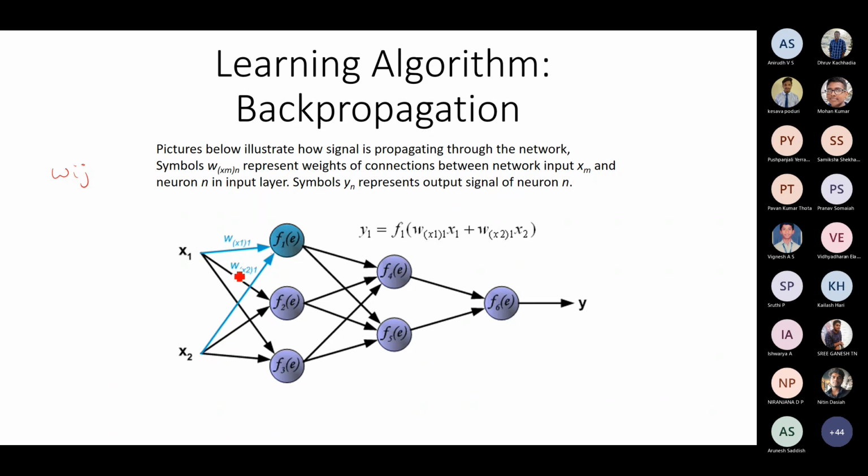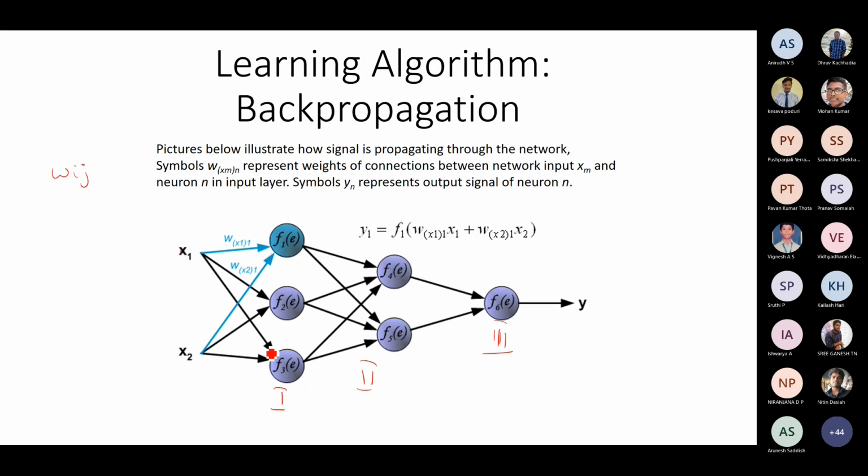So x1 and x2 will be fed to all the blocks. I have got here my first layer, my second layer, and the output layer, which I will call the third layer. It is a fully connected network because every unit is connected to every unit in the next layer.